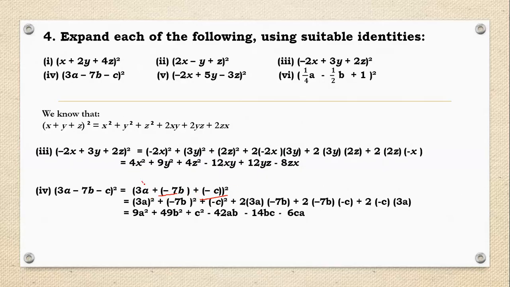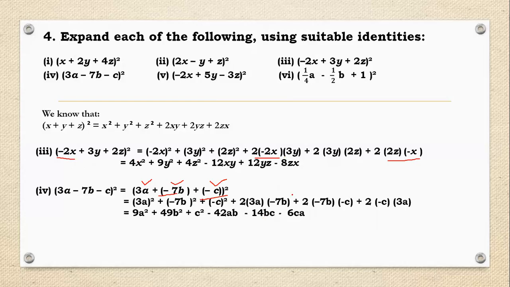So this is the first term that is positive, second term is negative, and third term is also negative. So again the same is with here, the first term is negative. So you need to take care of the negative terms in case of expansion of a trinomial raised to the power 2. So these two parts, third and fourth, you can understand how it has been solved, similar to the first and second part.